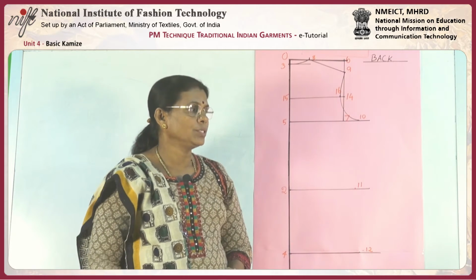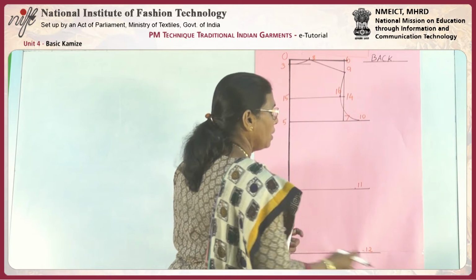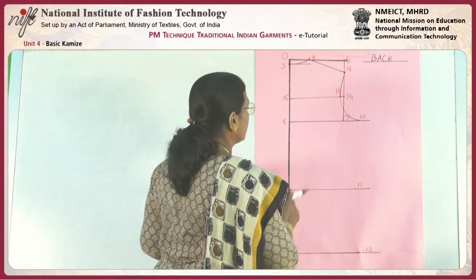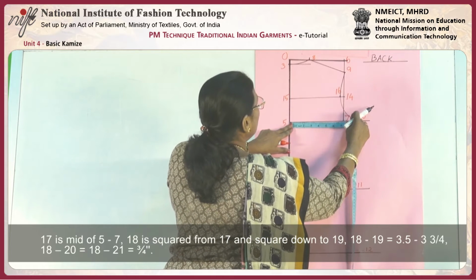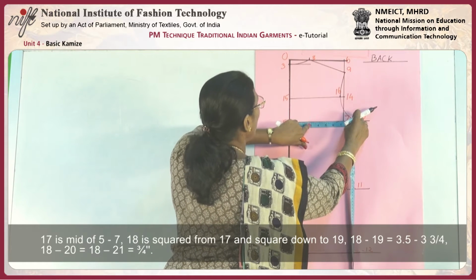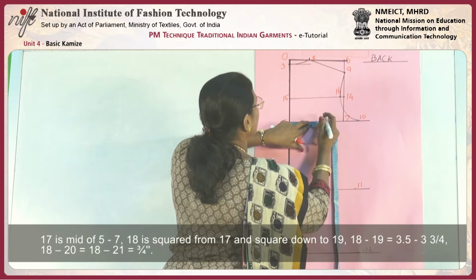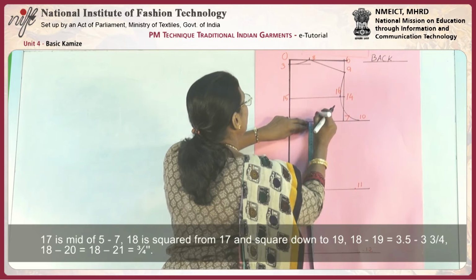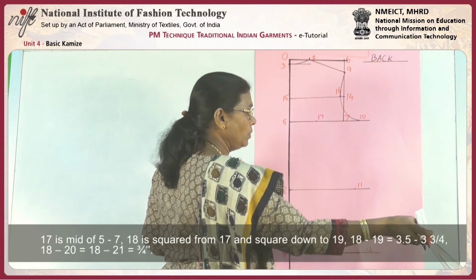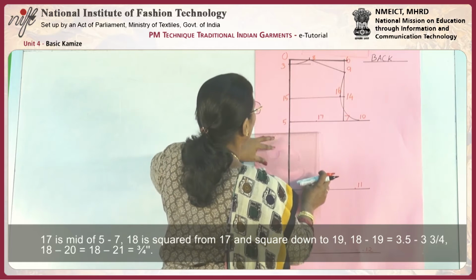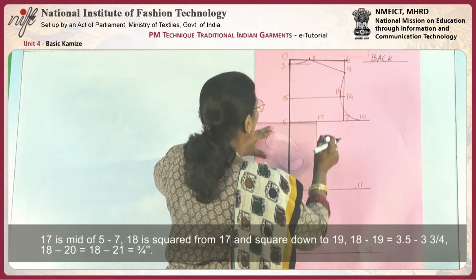Now we are going to draw the dart for the back. 17 is mid of 5 to 7. 7.25, mid is 3 5/8, is 17, and square down 17 towards down.